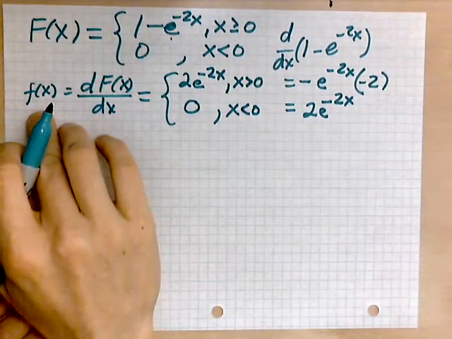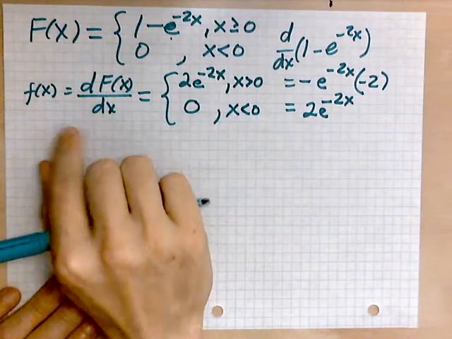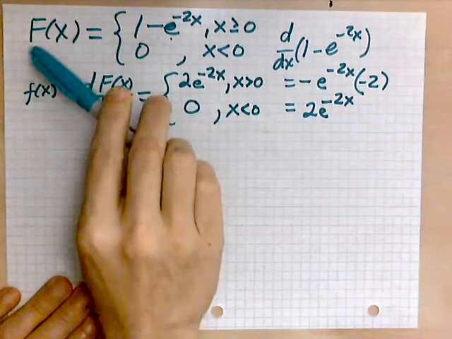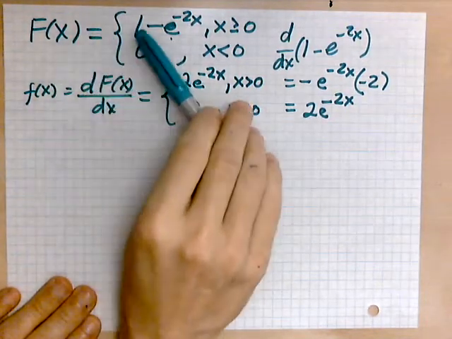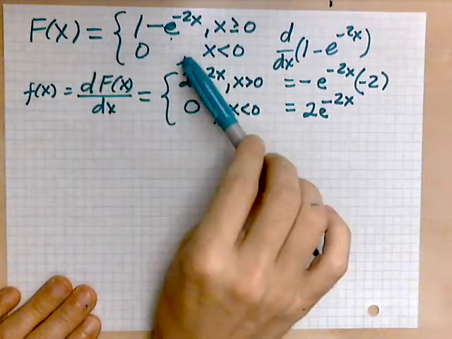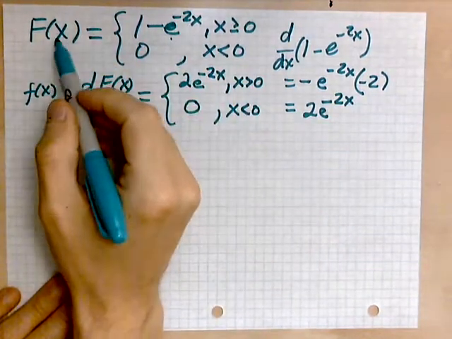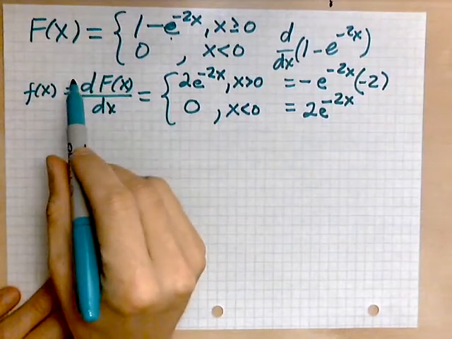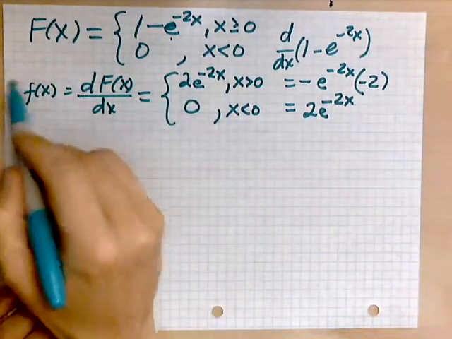So this little f is what we call the PDF, the probability density function. Big F is the cumulative distribution function. And to obtain little f from big F, you use the process of differentiation as I've shown you here.